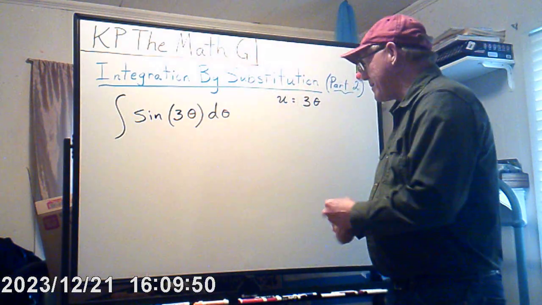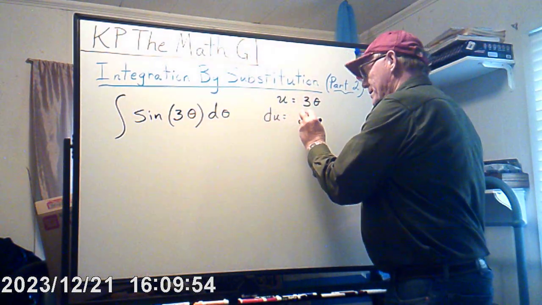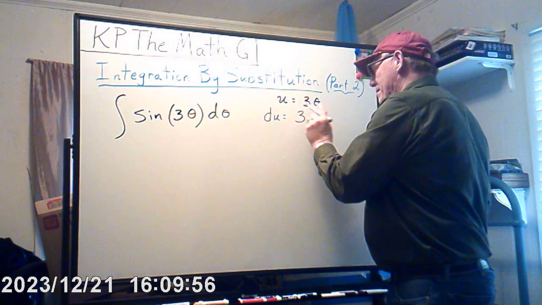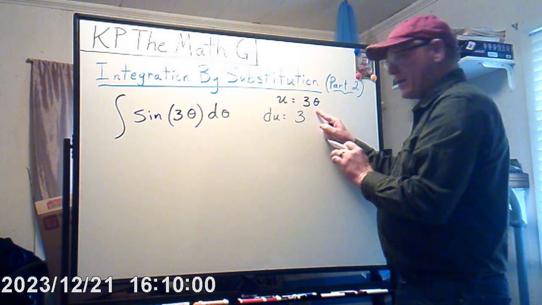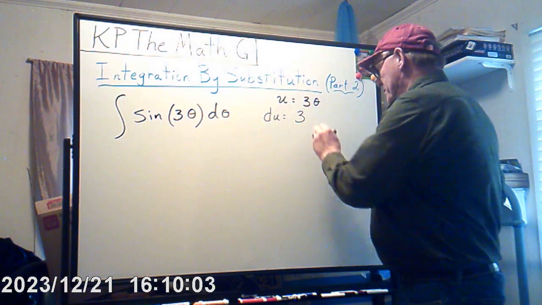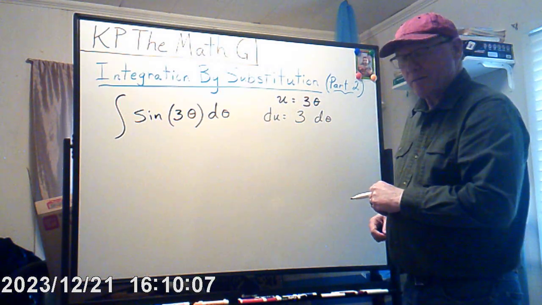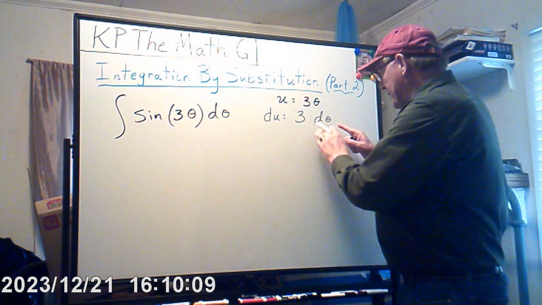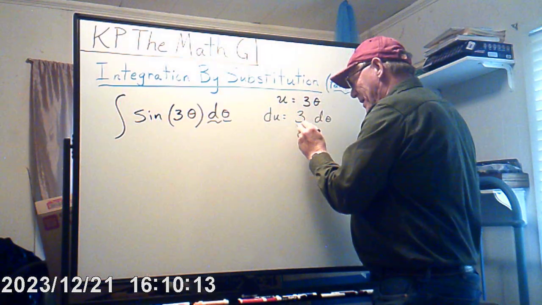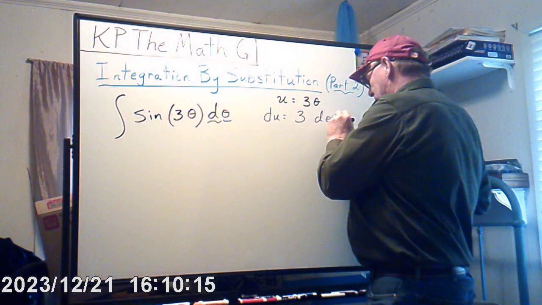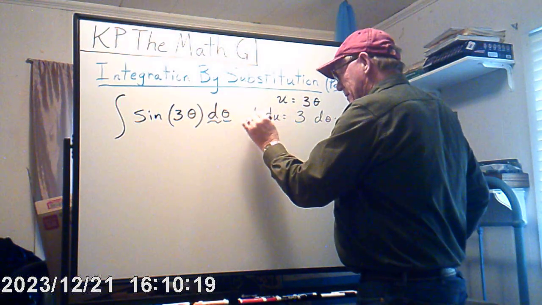Let's do this. Then du is equal to 3 d theta. Remember, theta is treated like a variable. I want d theta by itself, so I'm going to multiply by 1/3 on both sides.